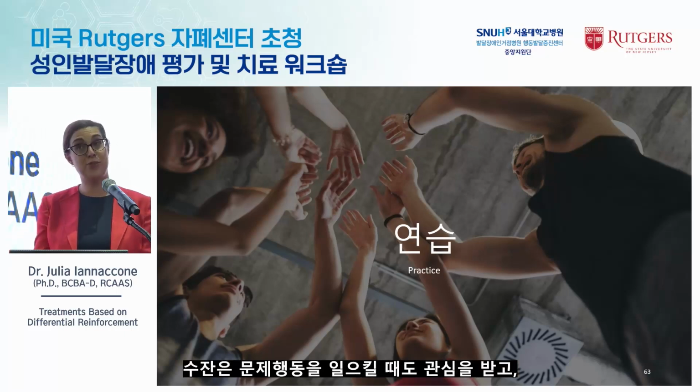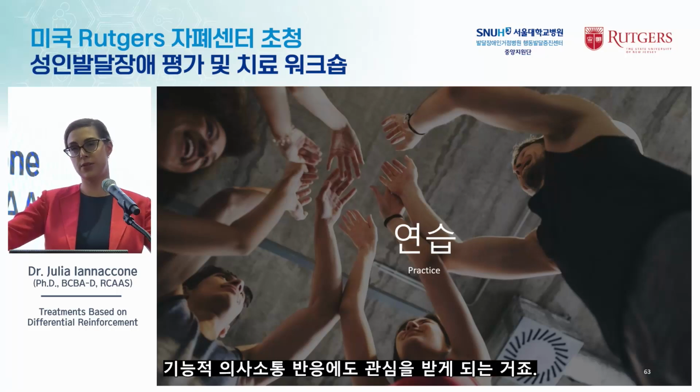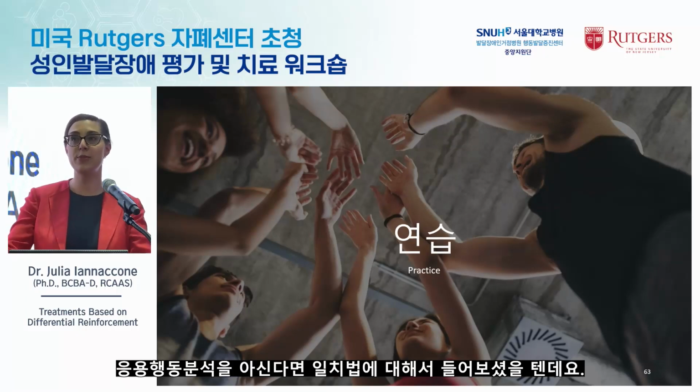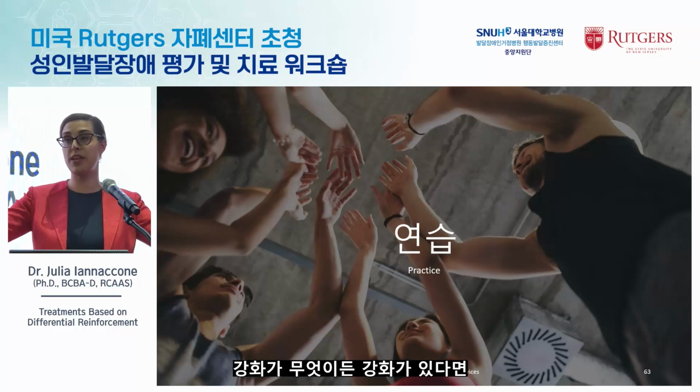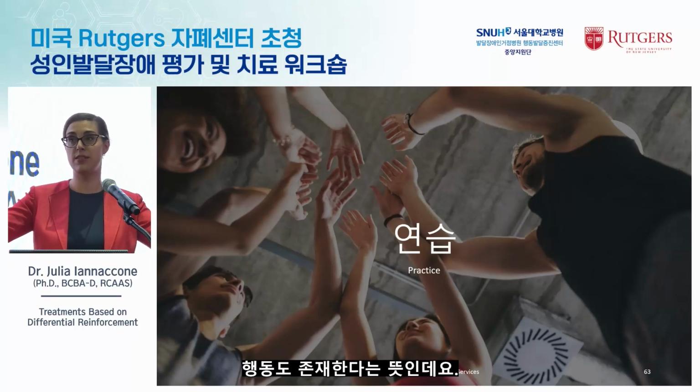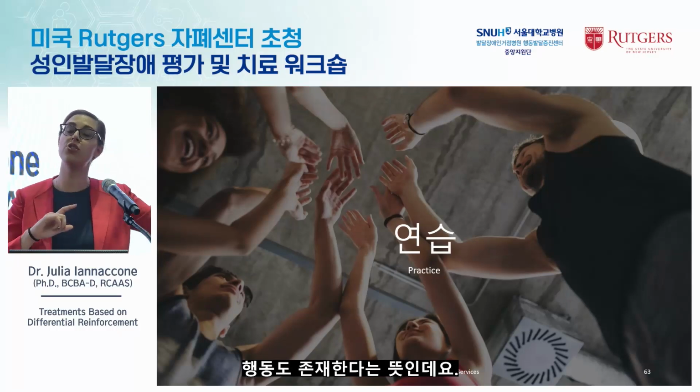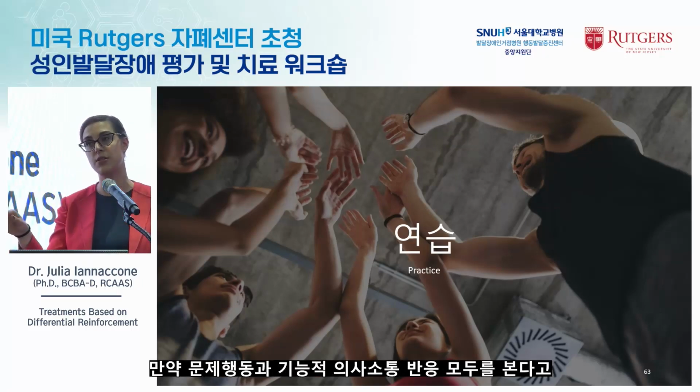If you're very familiar with behavior analysis, you know the matching law, which basically just says that behavior goes where reinforcement flows. That's what we say. It rhymes in English. So wherever you see reinforcement, you're going to see behavior. So you would predict that you would see both problem behavior and communication responses, which is not ideal, which is why the research used to say that you have to do extinction.